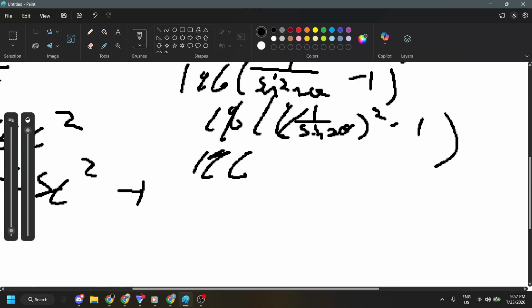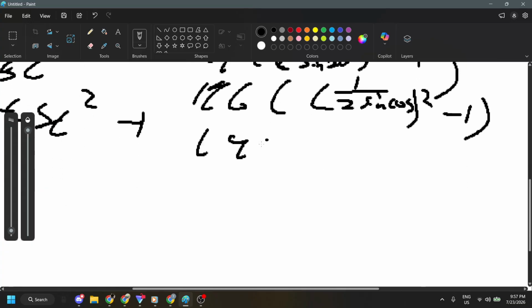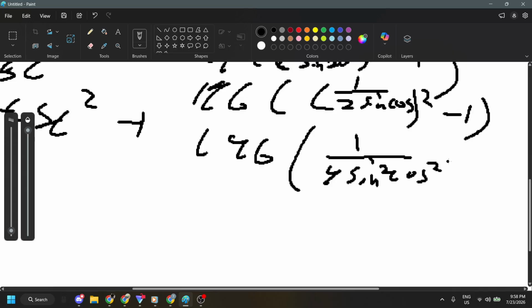So it's 196 times 1 over 2 sine cosine squared minus 1. So 196 times 1 over 4 sine squared cosine squared minus 1.